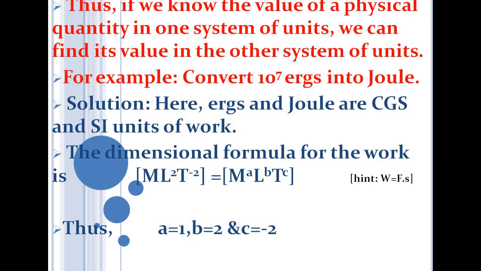Now let's go. We have to convert from erg to joule, that means from the CGS system to the SI system. The given system has n1 equals 10 power 7 erg, the numerical value. n2 we have no idea, we have to find n2.